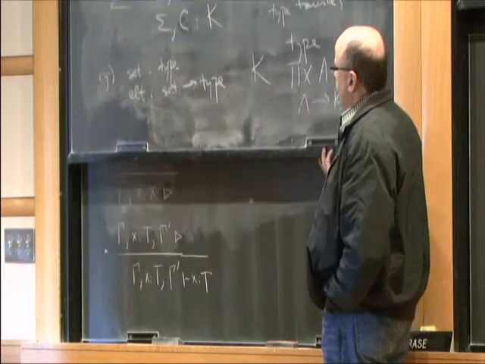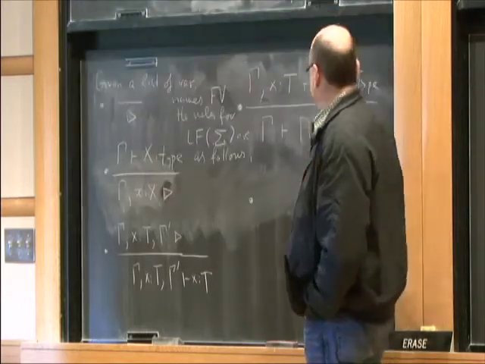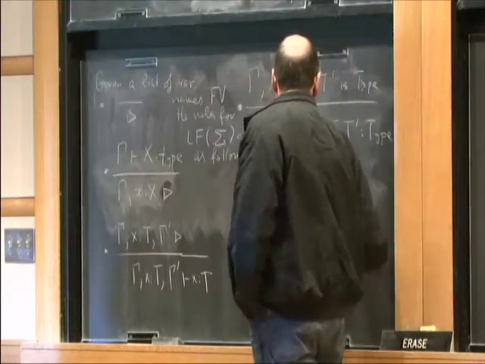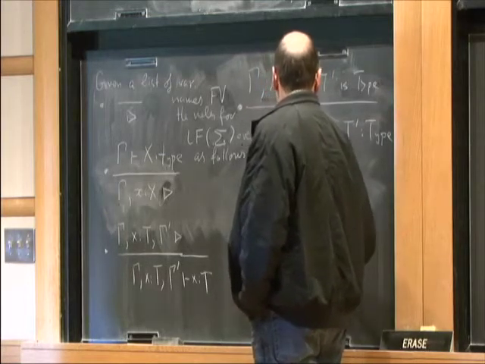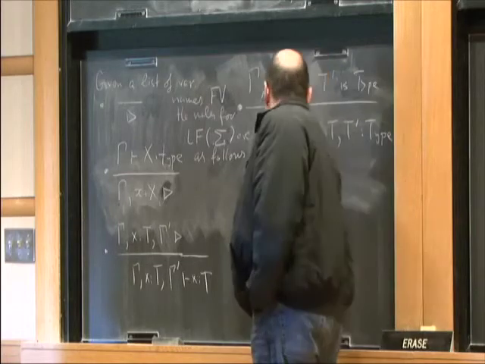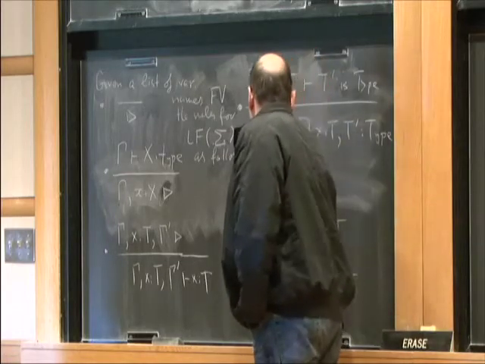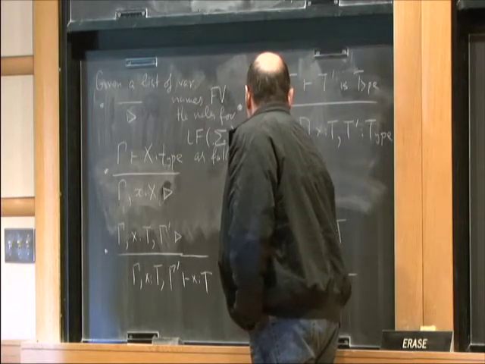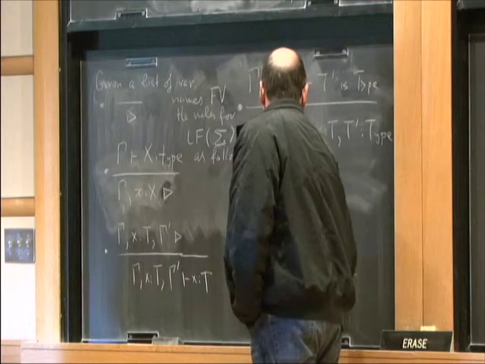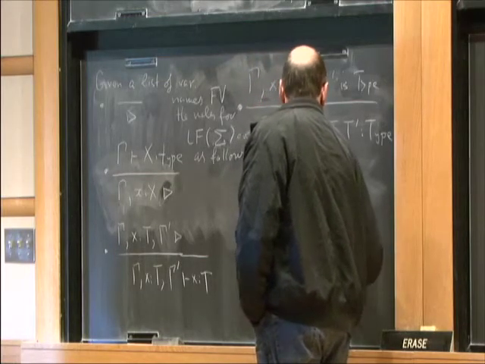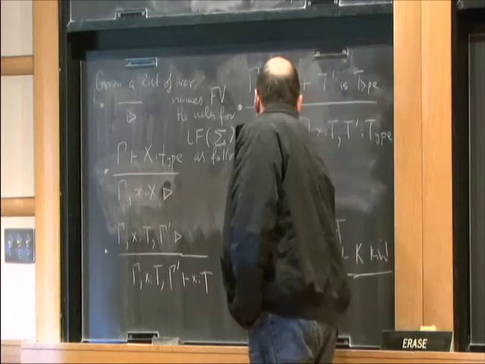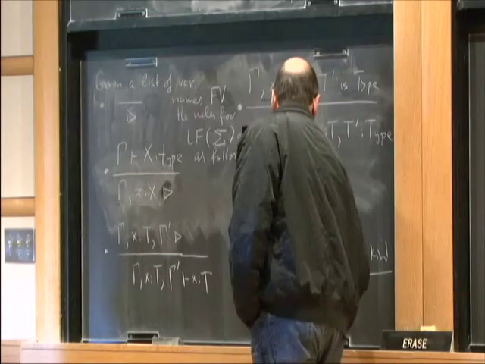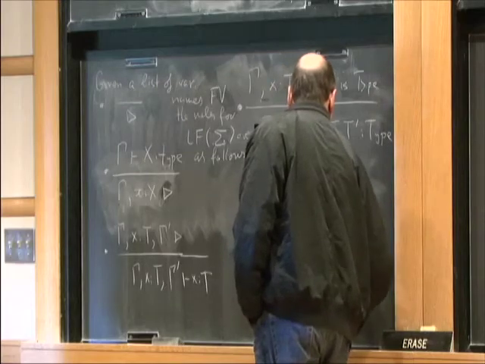So the basic thing that you have to start out with is when you look at the kinds, you end up saying, I think in your notation, type is a kind, and if A is a type and you have a family of types, then pi x colon A, K is itself a kind.